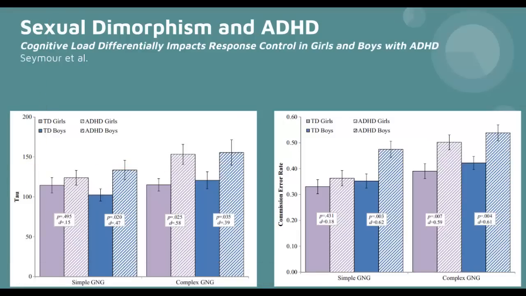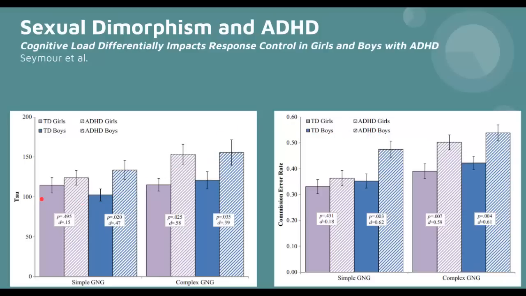And what these two measurements are giving us is some kind of indication into the response control of the participants in our study. And we had about 50 individuals in each group. We had about 50 typically developing girls and typically developing boys, as well as 50 ADHD girls and 50 ADHD boys.